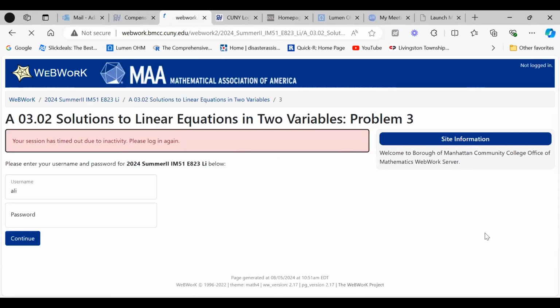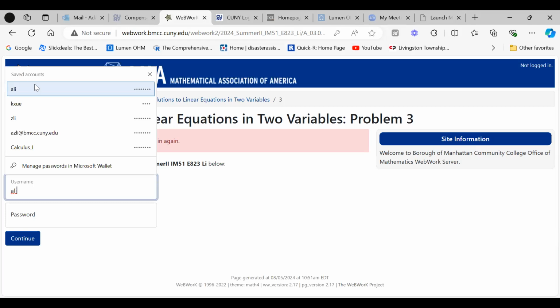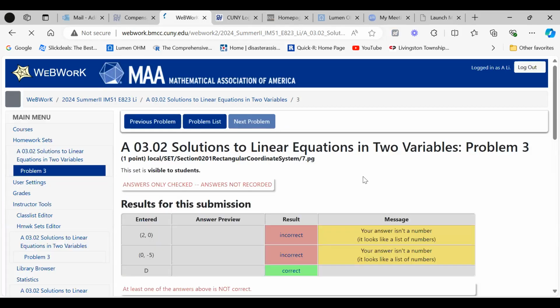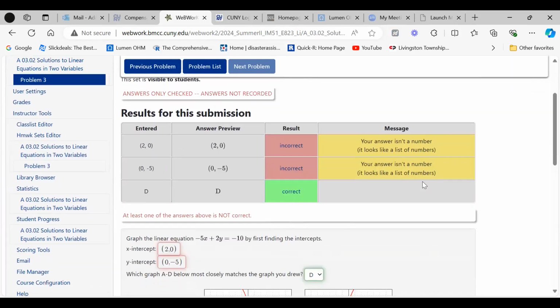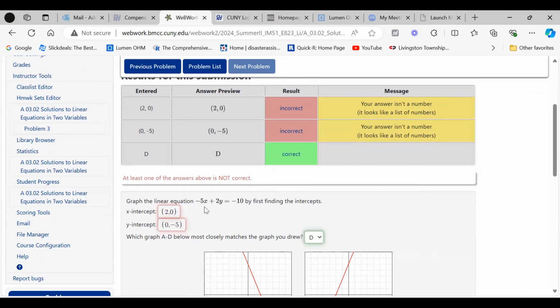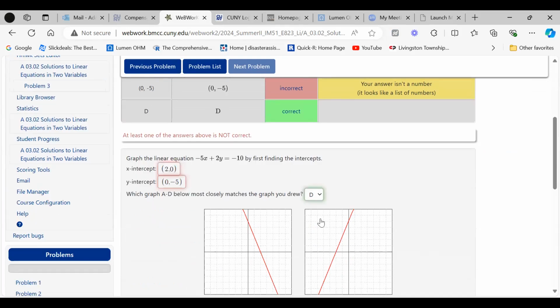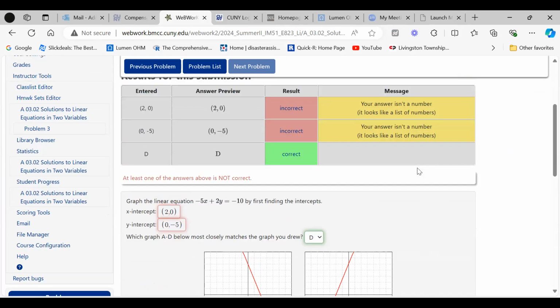Check the answers. Yeah, 2, 0. Should be good. Y equals 0, x equals 2. Maybe they just want 2.